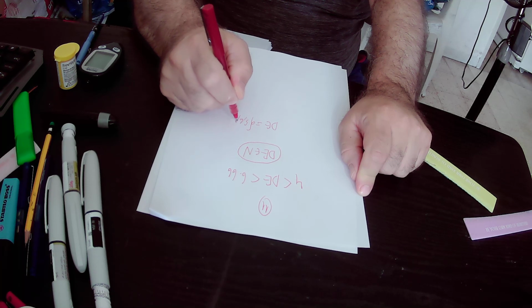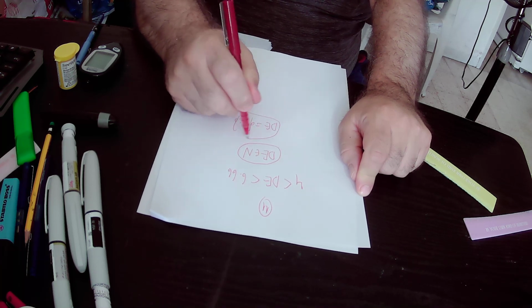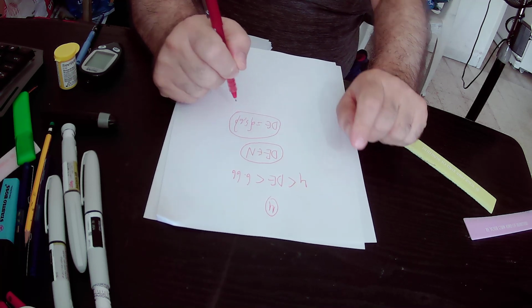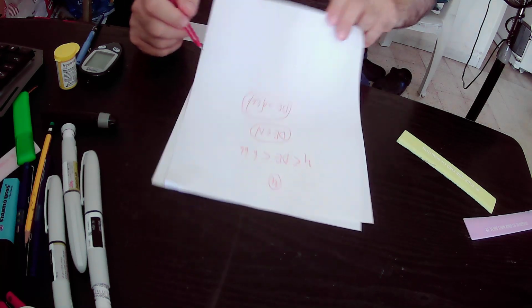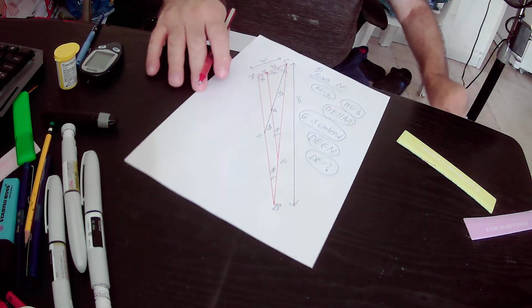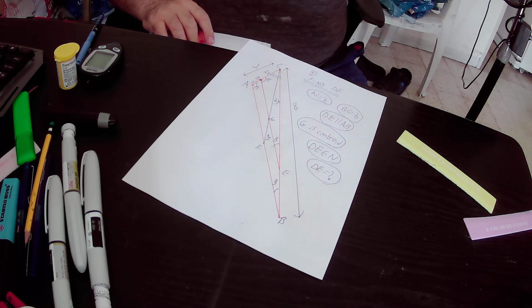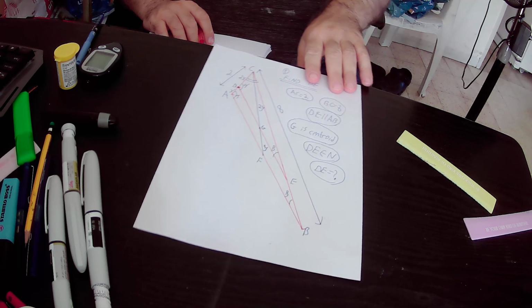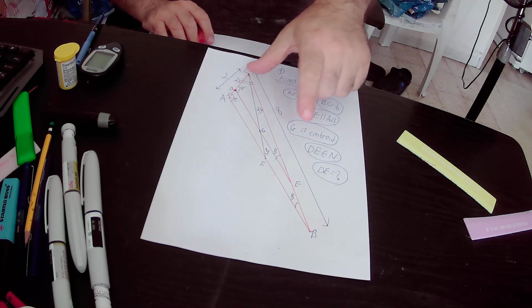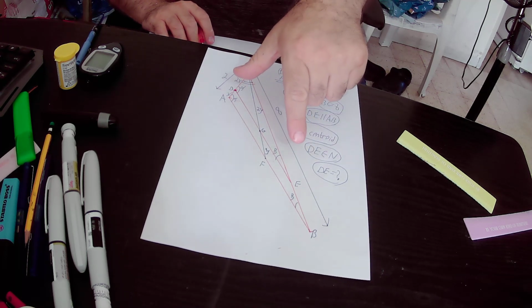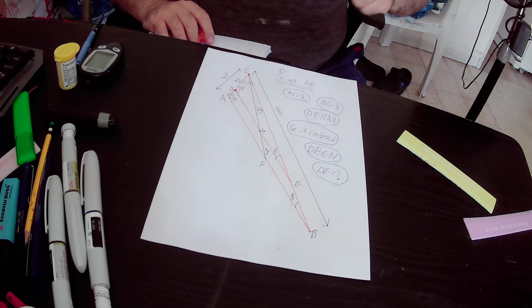So we found out that the value of DE could be 5 units or 6 units. That is the answer to the question.